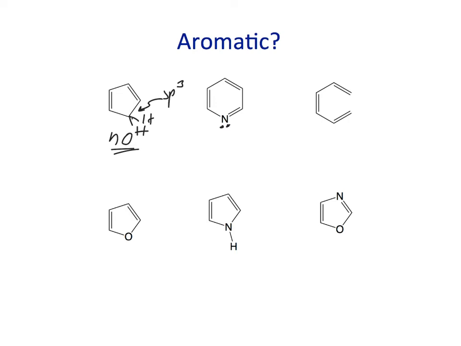Raise your hand. Okay, quite a few. How many people think it's not aromatic? Okay, a few. So what's the question here? What do we have to decide? We have to know where that lone pair is residing. Is it in the pi system or not?